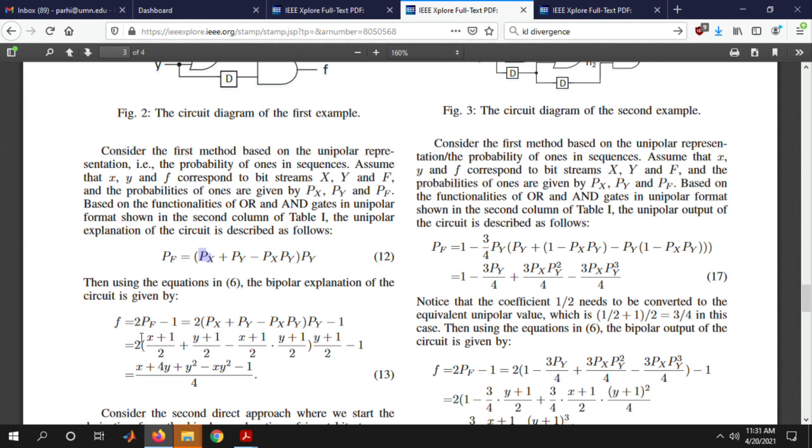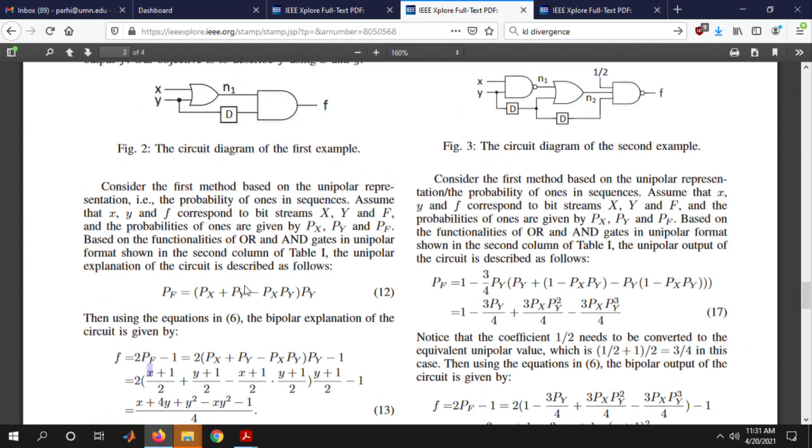If the bipolar value of x was lowercase x, then the unipolar value would be (x plus 1)/2, and for y, (y plus 1)/2. So that's how we compute the output F in bipolar signals. If x and y are input in bipolar, that's the output. If x and y are input in unipolar, equation 12 is the output.